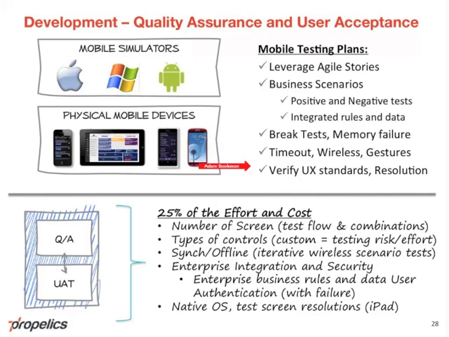the UX standards. There's an approval process when you go to the Google Play Store or the iTunes App Store. The application has to meet certain specifications for being published. So you want to design for that, and you want to make sure in the testing cycle you're checking for that too.